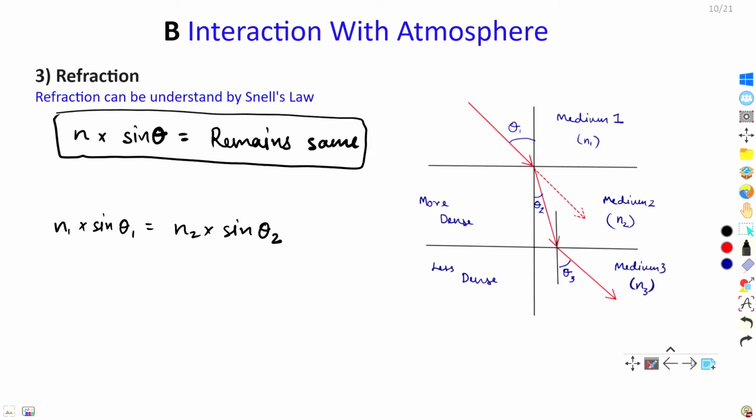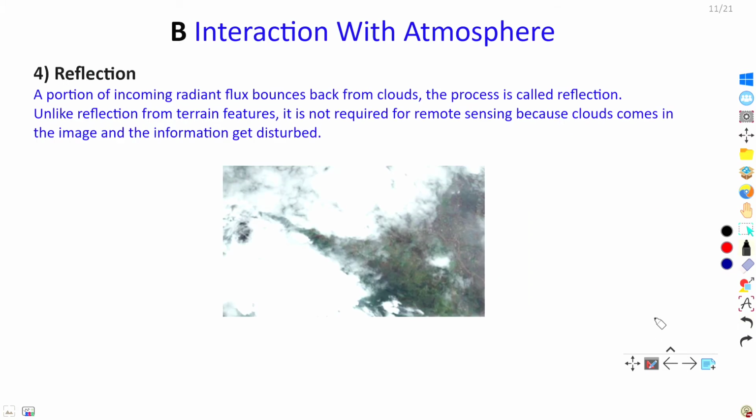After refraction, the last thing that remains in interaction with the atmosphere is reflection. In reflection, a good amount of radiation bounces back from clouds. Due to this, the image becomes hazy and cloud appearance occurs in the image.